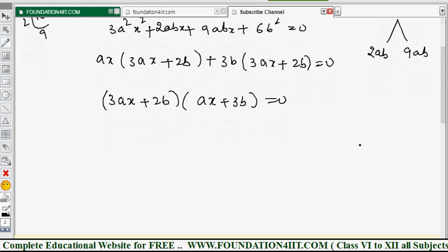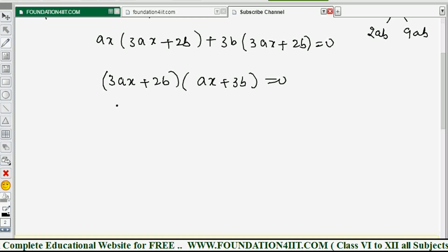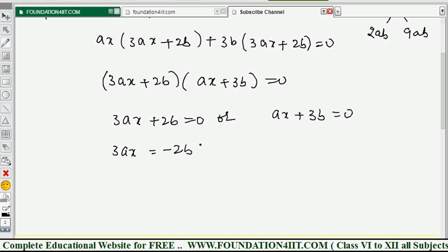Now according to the zero product rule, 3ax plus 2b is equal to 0, or ax plus 3b is equal to 0. From this, 3ax equals minus 2b, and from this, ax equals minus 3b.